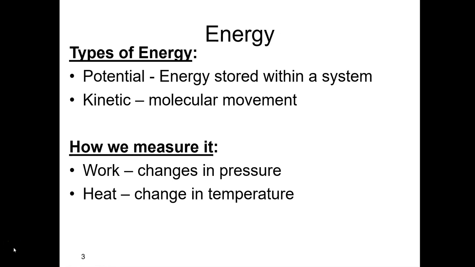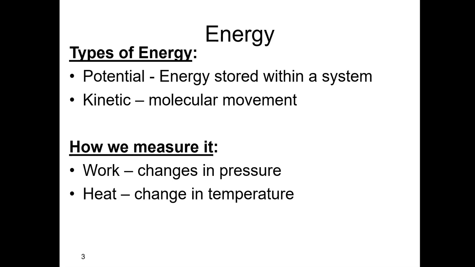Obviously, there's a bit of a difference between when we're talking about something from maybe your physics class, where we're looking at macromolecular things that are very large, that you can see and we can measure the movement. So the speed and the mass would be part of that kinetic energy.